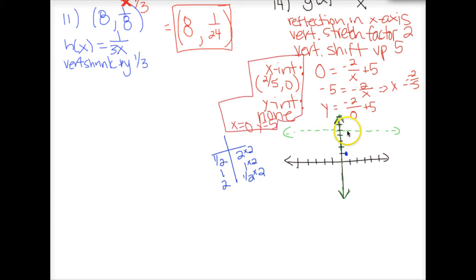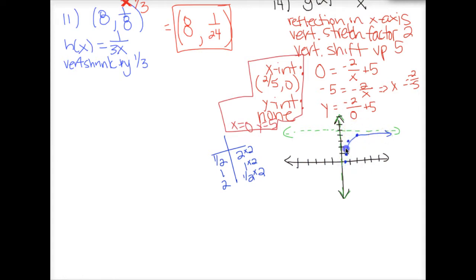So right 1, down 2, and then right 2, down 1. Now, also over here, I can plot my x-intercept. It crosses the x-axis at 2/5, so it's a little less than 1/2, so very, very close right about here. And I can draw this branch now.